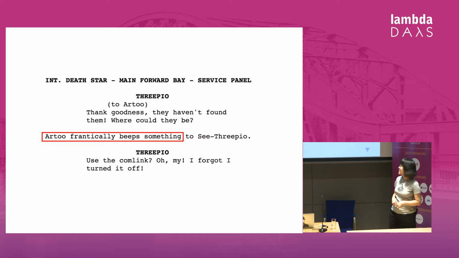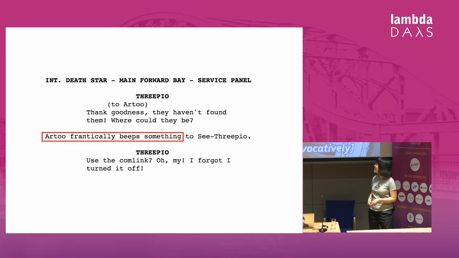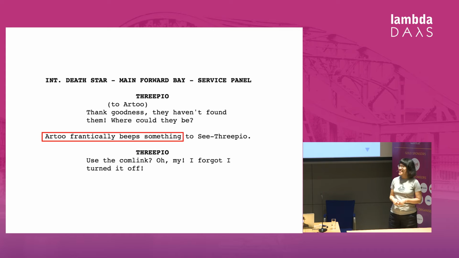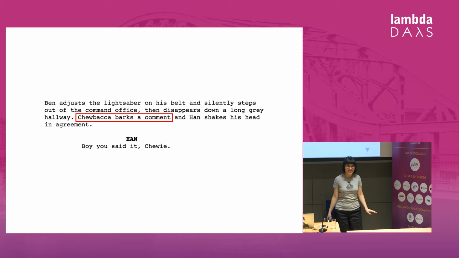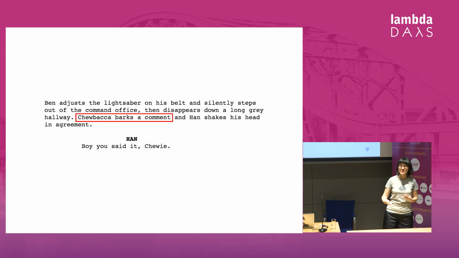The scripts always say, like, R2 frantically beeps, or, yeah, beeps provocatively. And it wasn't the only character. Like, Chewbacca doesn't speak in the scripts at all. So kudos for the actor who could actually put more expression into it. But in the scripts, it's just Chewbacca barks a command, and Han replies, boy, you said it. Well, you didn't.